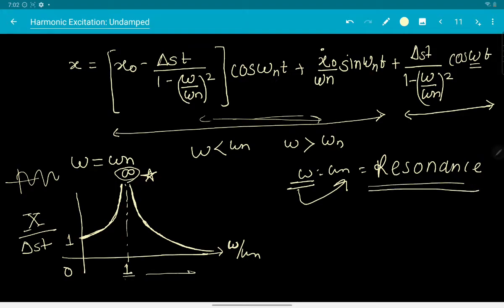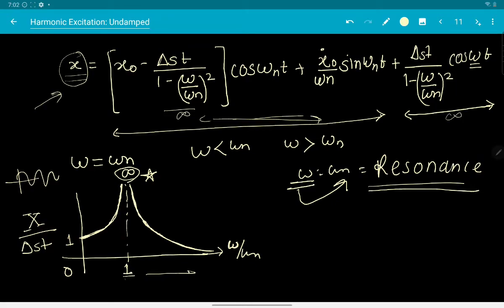What it means is that if you put omega equal to omega n, then omega by omega n will be equal to 1, and this denominator will be equal to 0, so this will go to infinity, which shows that x is going to go to infinity. There will be one more infinity term coming from here and here, right?